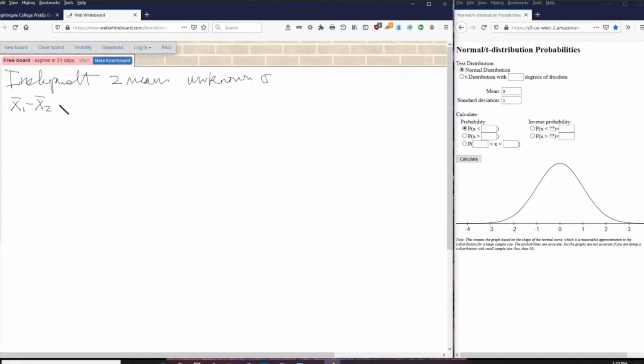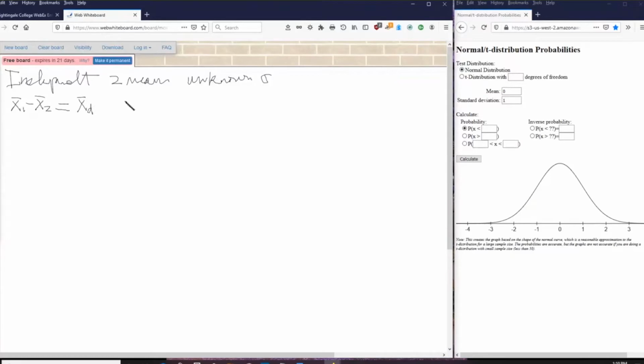First, you're going to get the difference of your two means, and that gives you the mean of the differences.